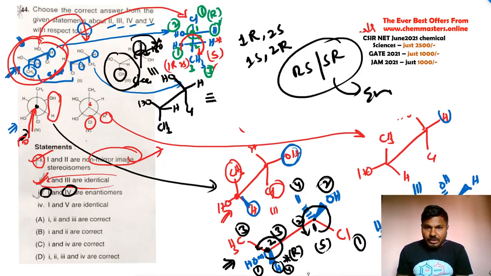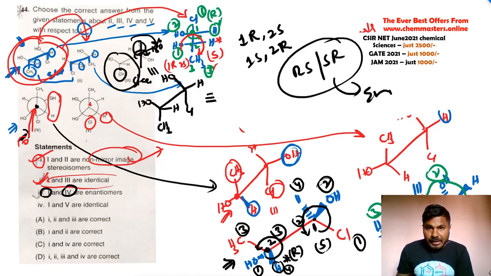Now just look at the last Newman projection. Give the first priority to the hydroxy group, second priority to this branch, and third priority to the methyl group, and it is anti-clockwise with the least priority hydrogen on the thick line. So we need to give R notation for it. Now do the same thing here, 1, 2 and 3.